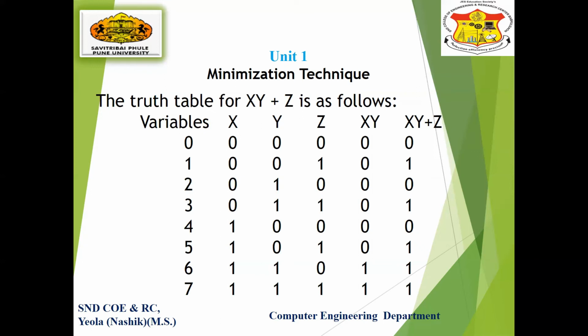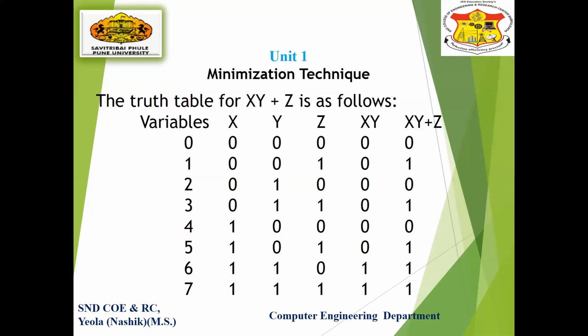And how can we calculate this? It is an evaluative operation, done with the AND operator along with the OR operator. For this we have the variables x and y, and x, y and z. We have one combination applied by the AND operator, and x y plus z, which is a combination of the AND operator and the OR operator.